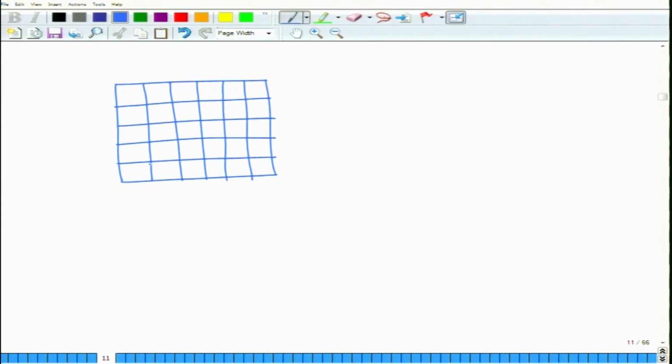Let us say you start from this point, point A. Go one step up, another step, then one step here, one step here, one step here, one step here. This is A, B, C, then 3 steps down, D, and then 4 steps left, and you go to A again. This is a perfect lattice.